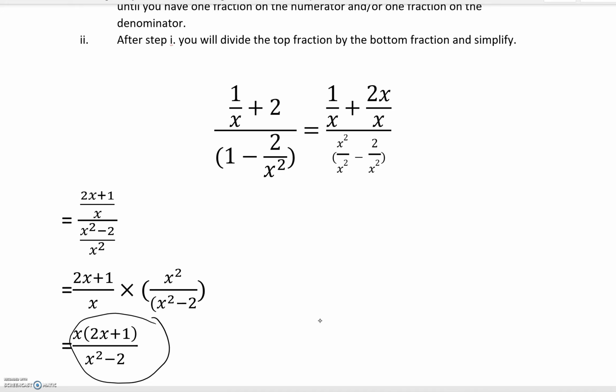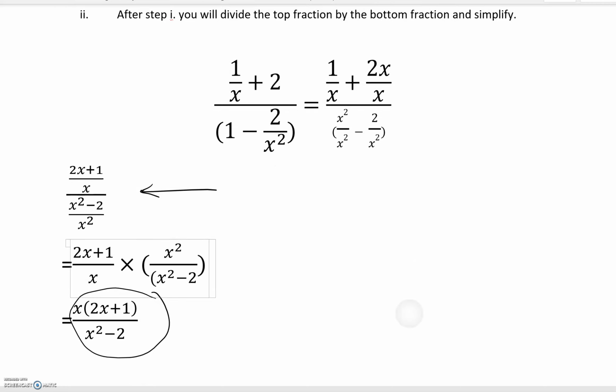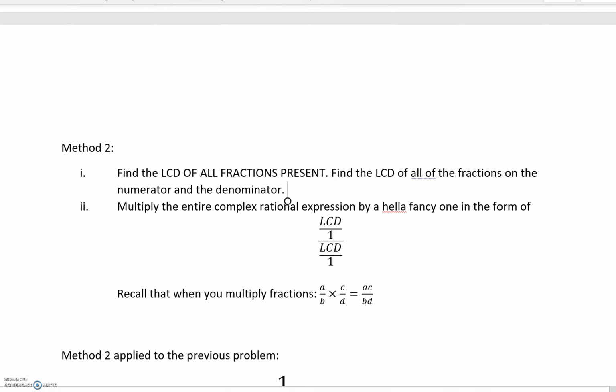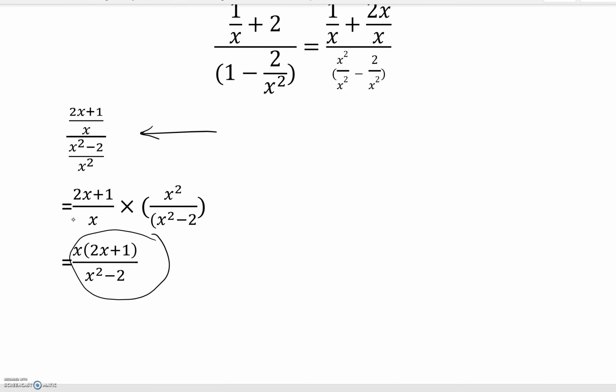Now, take a look at this right here. What you have on this step that I'm pointing at is one fraction divided by another.